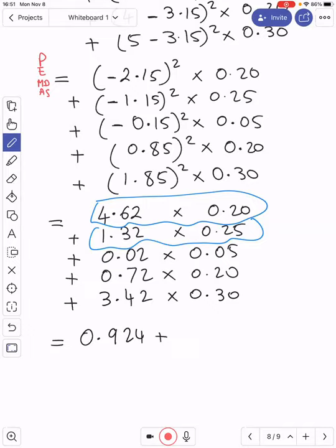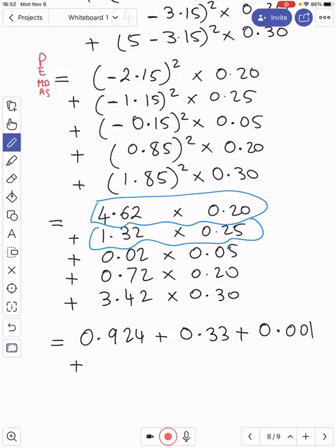I have the answers here. I can just probably give you the answer. So this is 0.25, so this is equal to 0.33 plus this is 0.01, right? 0.02 times 0.05. So this will be equal to 0.001, right?